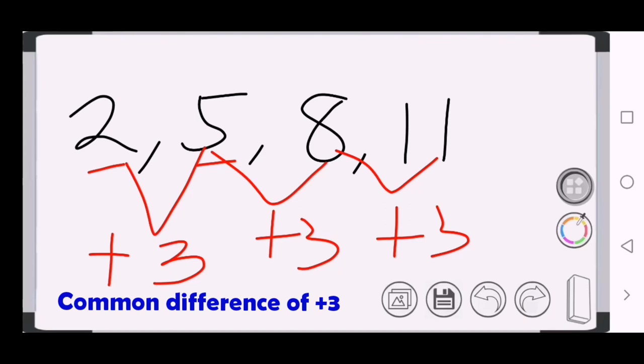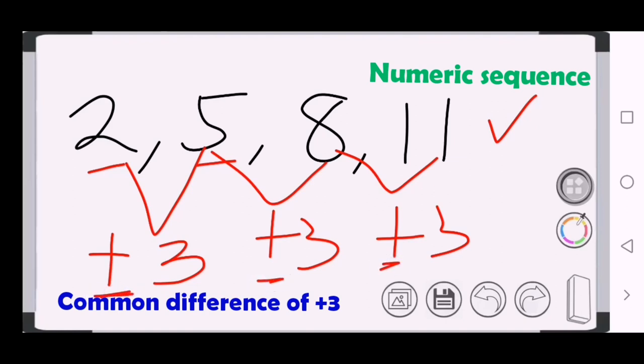Since we have a common difference, this pattern becomes a numeric sequence because we obtain the next terms by addition, as we can see here. So in numeric sequences, we obtain the next term by adding up or by subtracting.